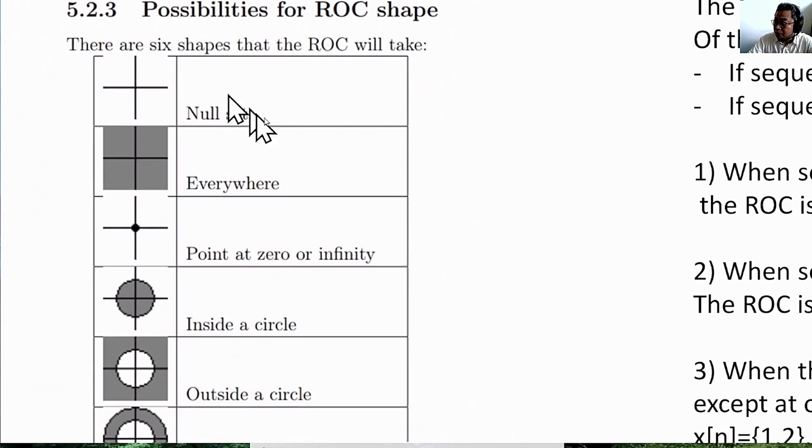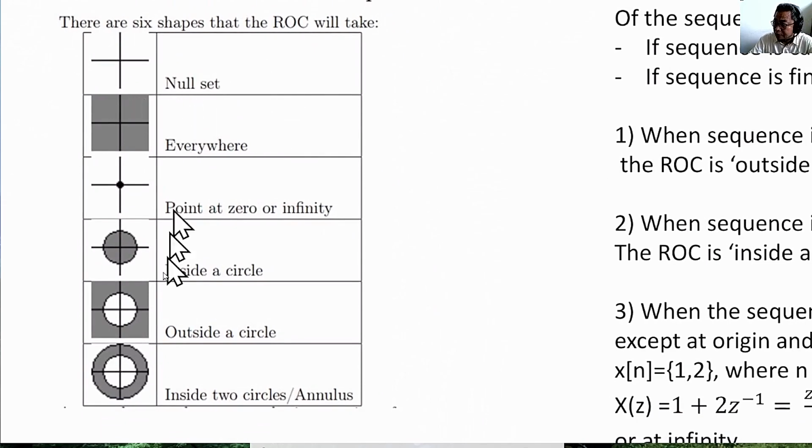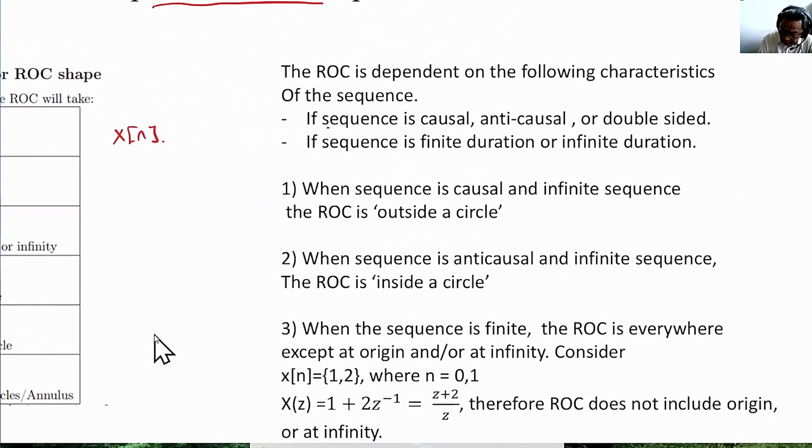The possible ROC shapes are these 6 shapes, and these 6 shapes depend on the different values of x[n]. The sequence x[n] can be causal, meaning it exists on the right hand side, n greater than or equal to 0 only, for x[n] not equal to 0.